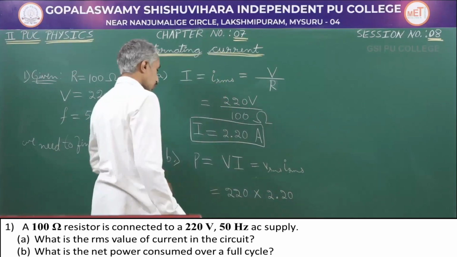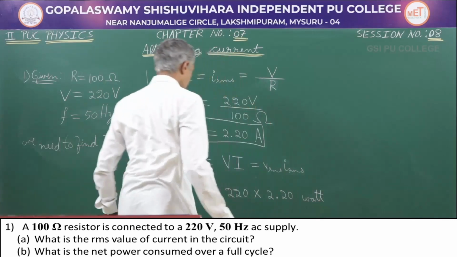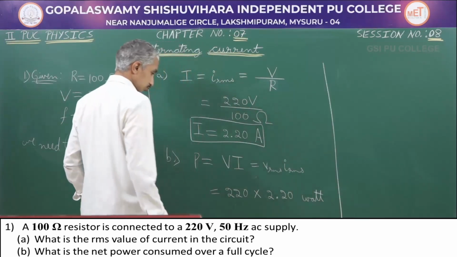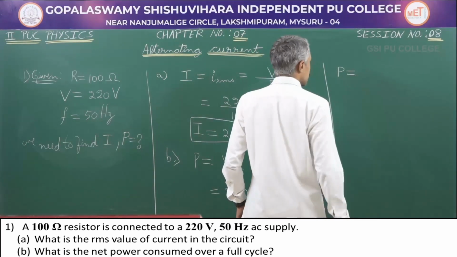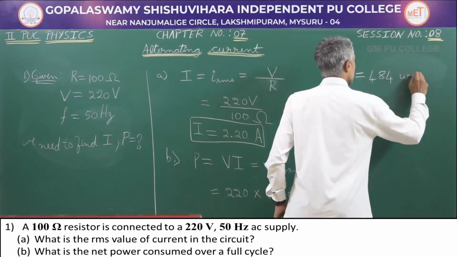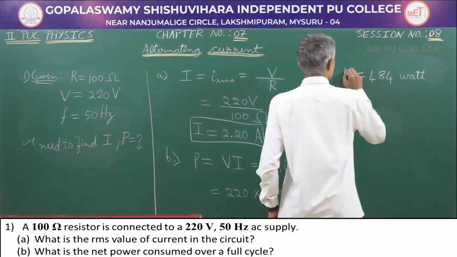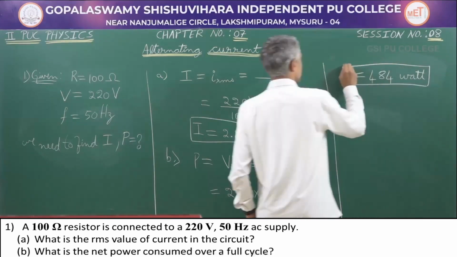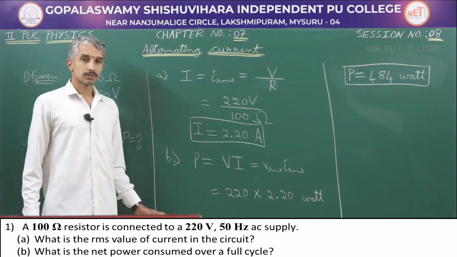The unit for power is going to be watt. On calculating, we would get power P is equal to 484 watt. So we have finished solving the first numerical.